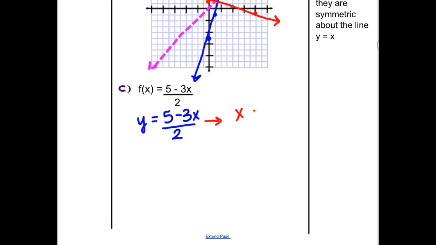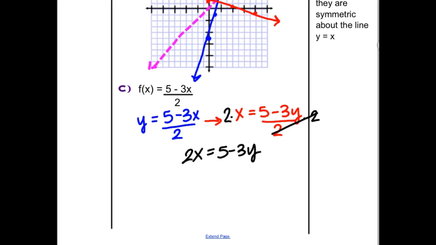So now we got x equals 5 minus 3y over 2. Then solve for y. So multiply by 2. Now we have 2x equals 5 minus 3y.